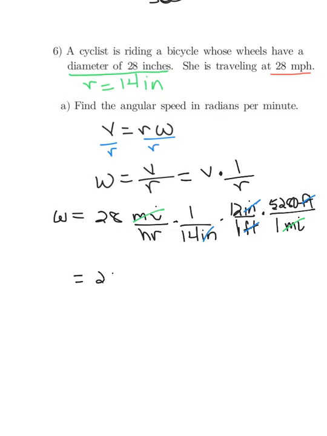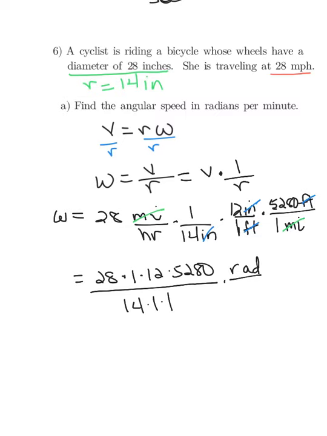So let's look at where we are right now. We have 28 times 1 times 12 times 5,280 for numbers in the numerator. In the denominator number-wise, we have 14 times 1 times 1. If we look at our labels, we have no more units of length, so we are into radians.